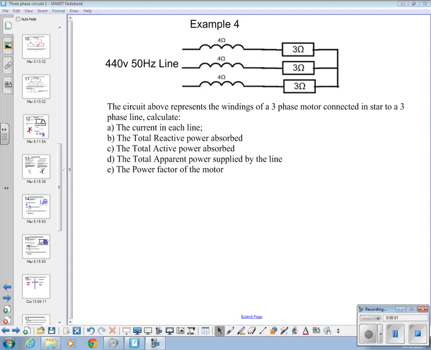Gents, how are we going to tackle the first part of example 4? The current in each line.